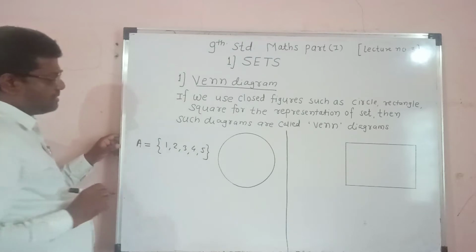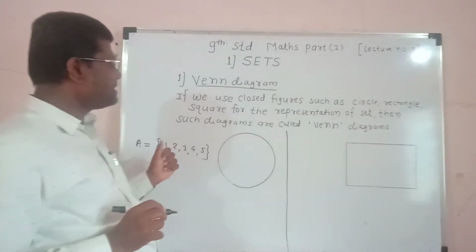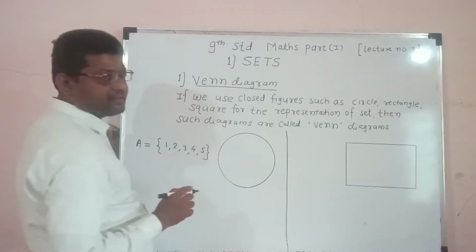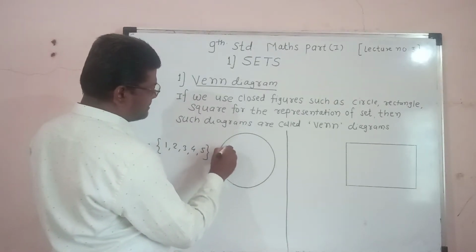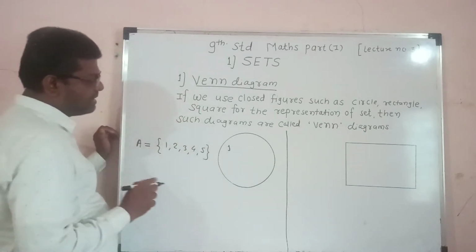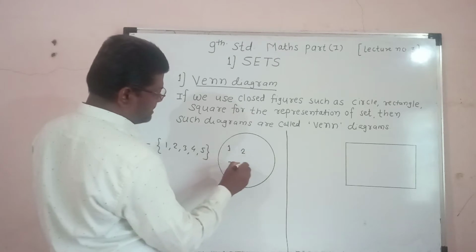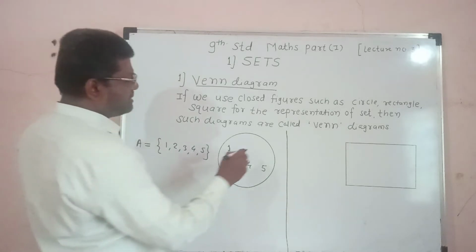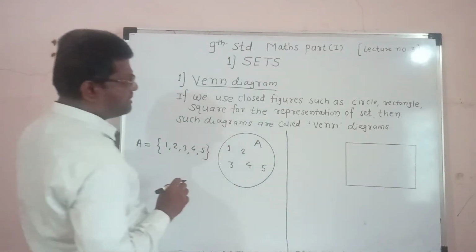Now this set can be represented by a Venn diagram using a circle, that is a closed figure. We write these elements 1, 2, 3, 4, 5 of the set A inside the circle, and we write the name of this set, capital A, in this way.